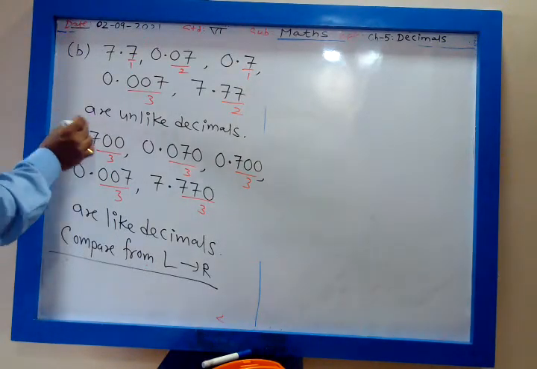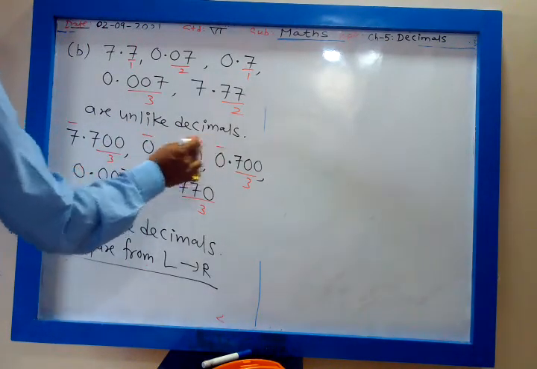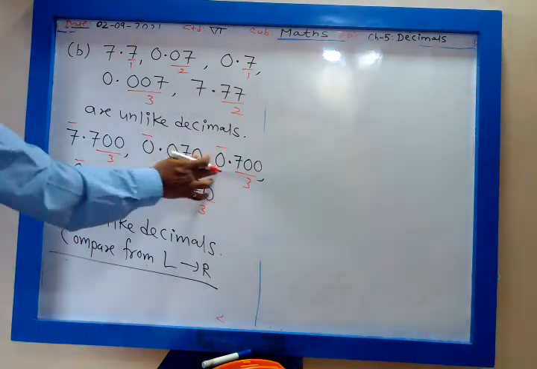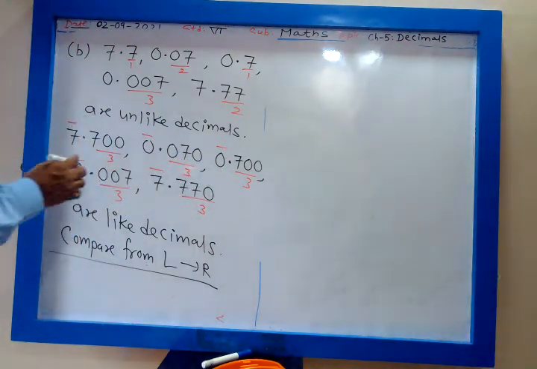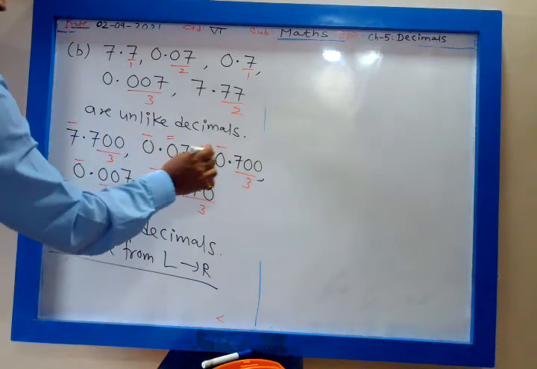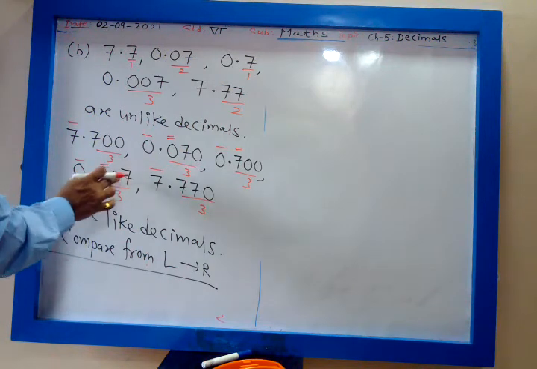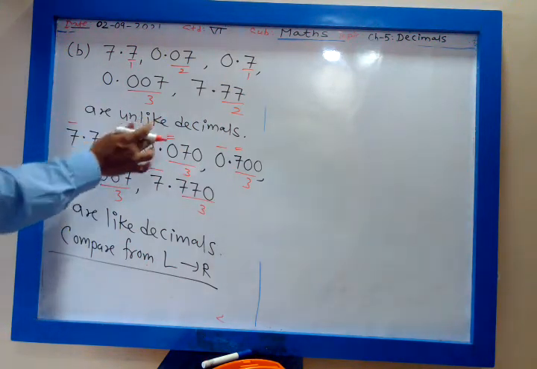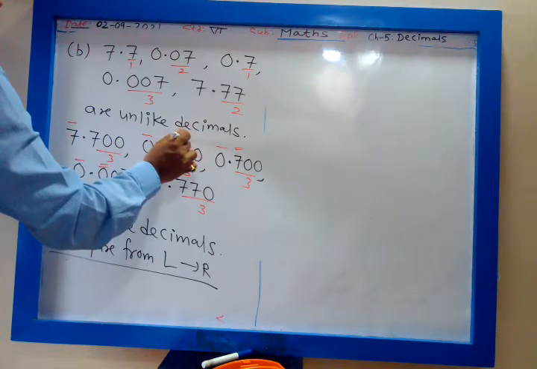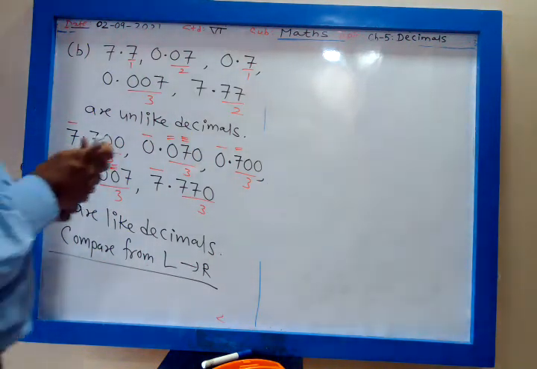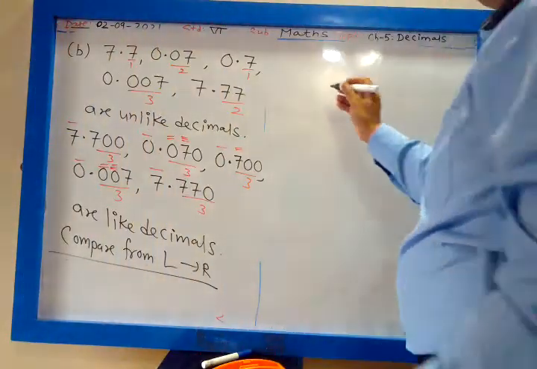This is 7, 0, 0, 0, 7. Which is smaller? 0, 0, 0. Second digit is 0, 7, 0, so these two are smaller. Now let us compare the third digit. This is 7 and this is 0. This is smaller, 0.07.